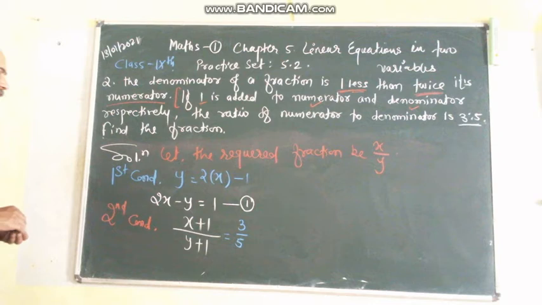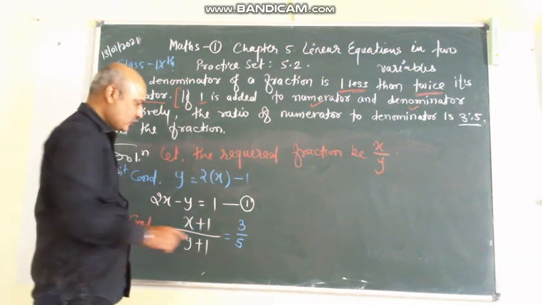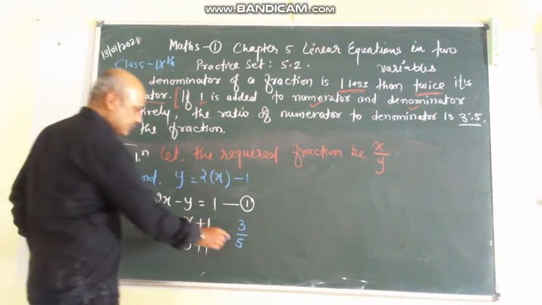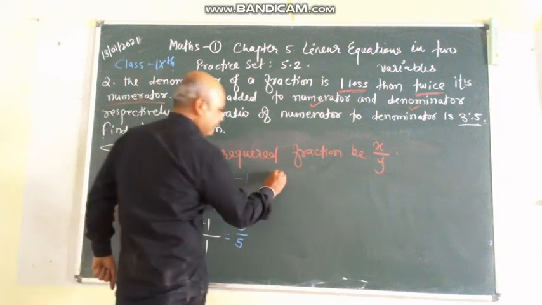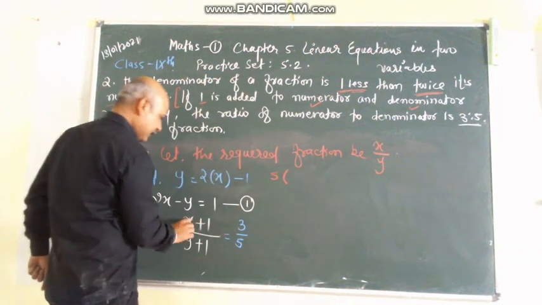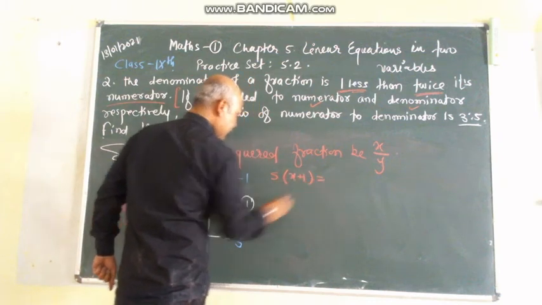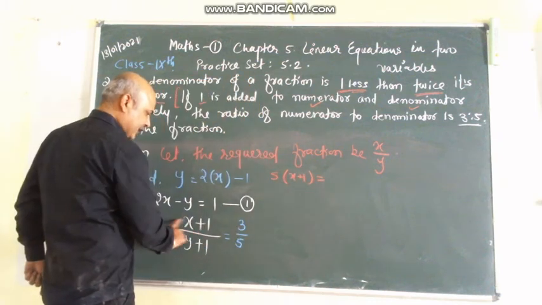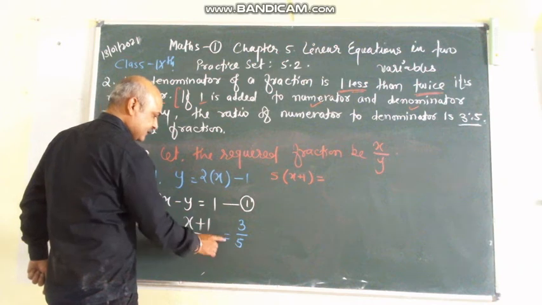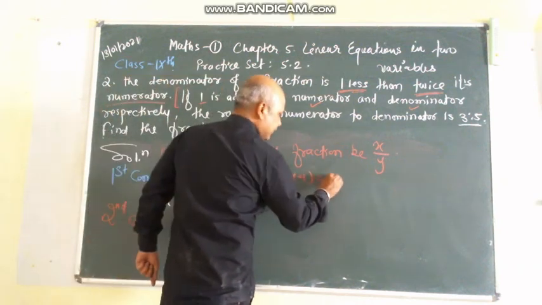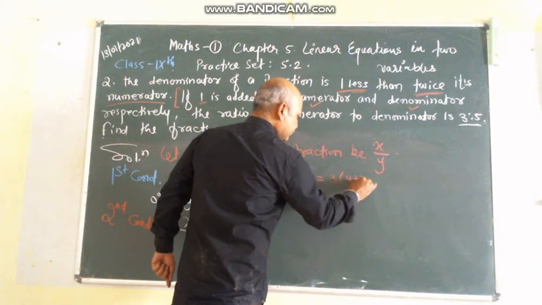Now you will cross multiply. So 5 in bracket x plus 1 is equal to 3 times y plus 1.